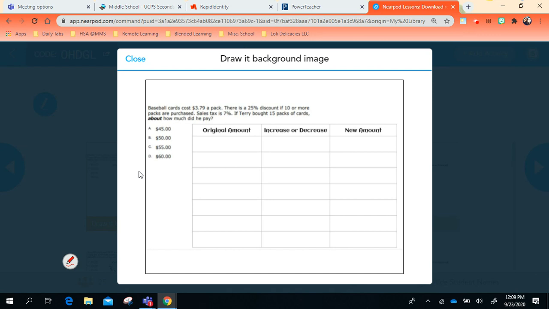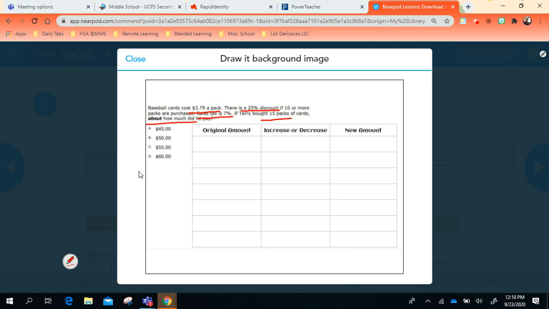So baseball cards are $3.79 a pack. There is a 25% discount if 10 or more are purchased. Sales tax is 7%. If Terry bought 15 packs, how much did he pay?